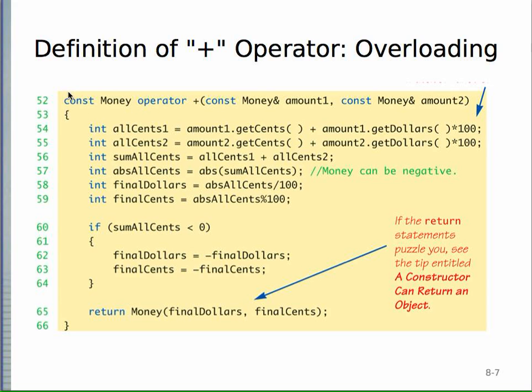Somewhere that you can include that, you would define this function. So this is really a standalone function. It's just sitting by itself. It returns a money object, and it's a plus operator that takes two parameters. One is const money object, we call the parameter amount1. The other one is amount2. So take a look at this example. It's pretty straightforward. It's a standalone function.